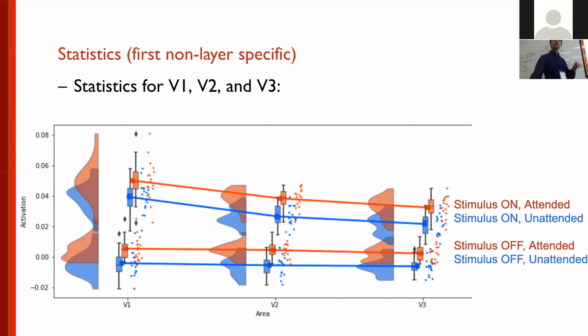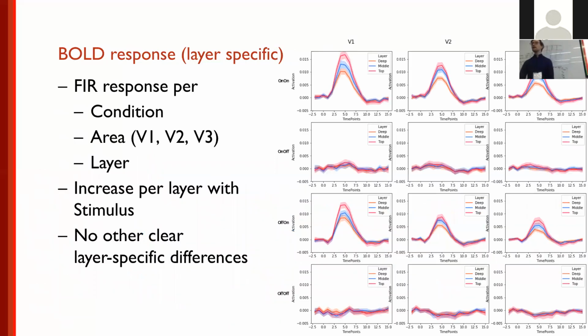Right, and we did this study in V1, V2, and V3. These are some statistics over subjects, but that's not incredibly interesting. The interesting part is what we didn't find at the layer level, because what we did subsequently is, for these conditions, stimulus on, stimulus off, attention on, stimulus and attention off, for V1, V2, and V3, we wanted to know, is there indeed a different layer effect for every layer bin?